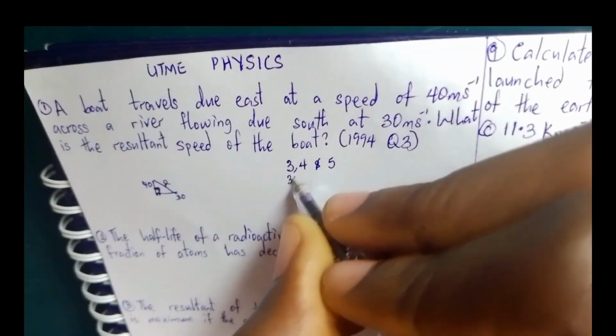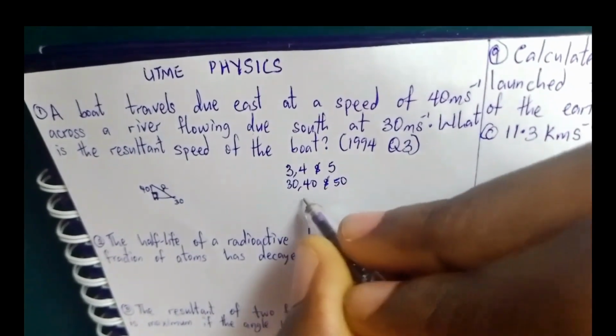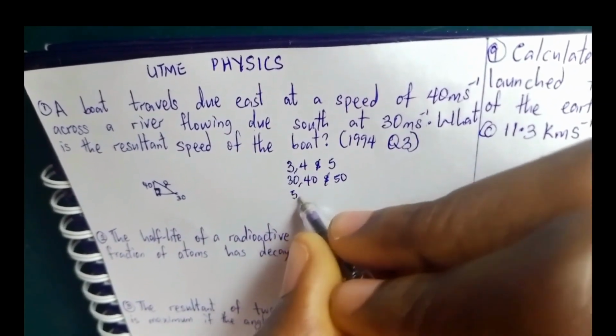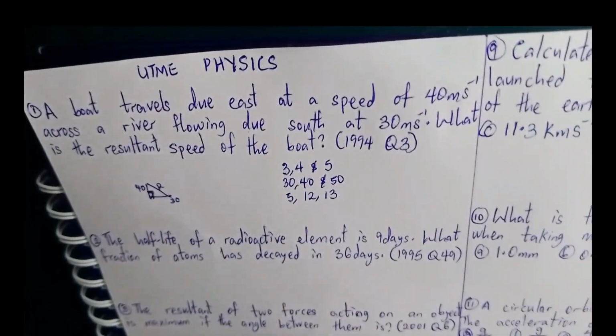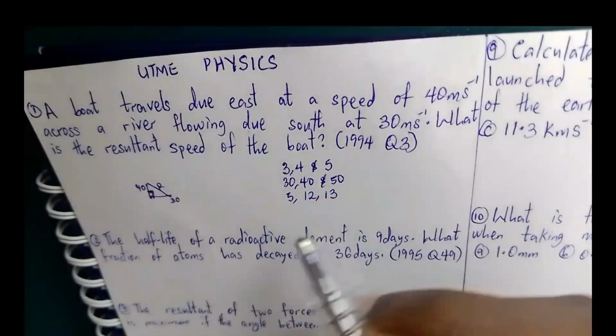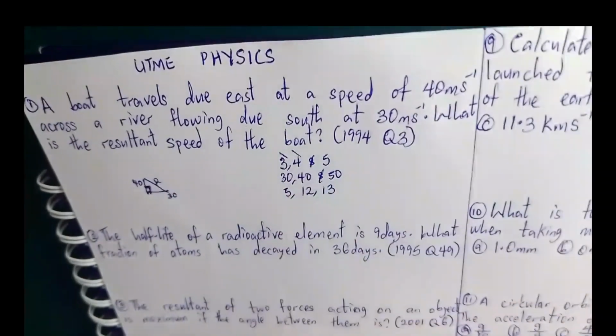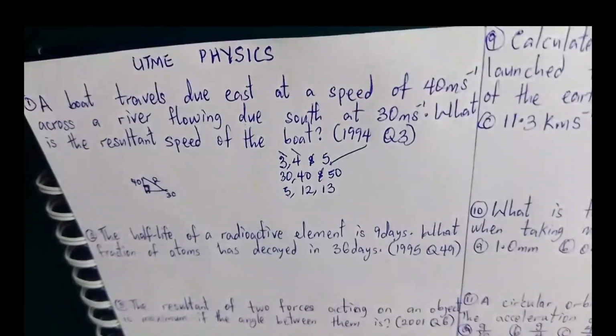Same thing as 30, 40, and 50. And same thing as 5, 12, and 13. So in your next exam, anytime you are given a question like this, if you are given 2 of them and they ask you to calculate the resultant, no need of solving anything, just go for the third one.